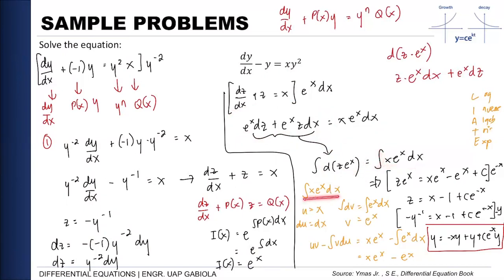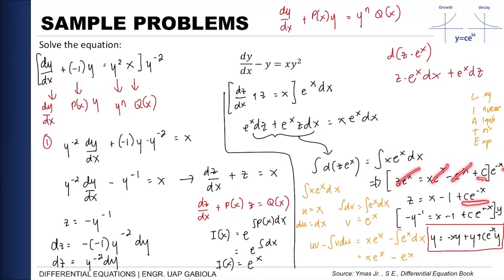So this is our integration by parts. We identified u and dv, applied them to the formula, and then we arrive at x e^x minus e^x, which we substituted here. Then don't forget our constant of integration. To simplify this, we multiply by e raised to negative x so that the e^x terms cancel out. So it just moved to the c.